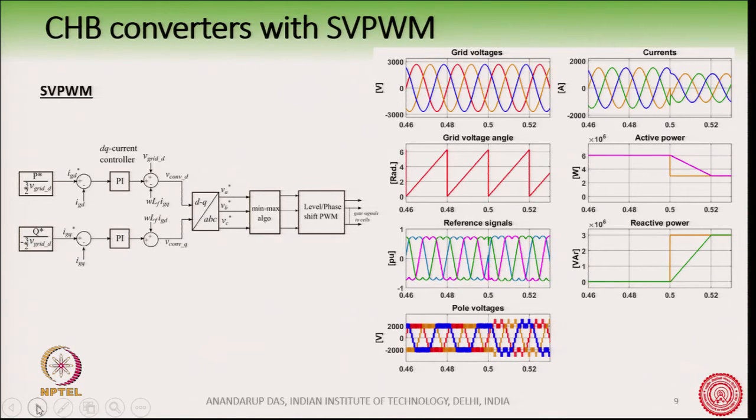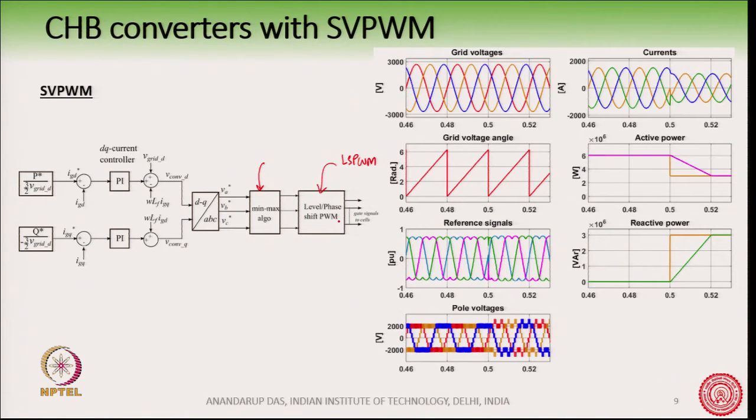Again, you can also have the space vector PWM with level shift PWM with the cascaded H-bridge converter. So, you have the level shift PWM here, but you additionally put the space vector algorithm here, that is the max and min algorithm. So, Vo is (V max minus V min) divided by 2, that is the common mode that gets added so as to get the space vector PWM.